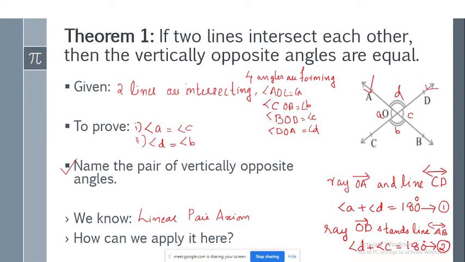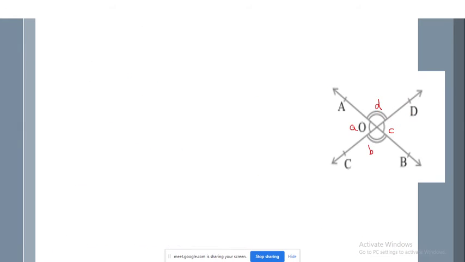So, both are equal to the same quantity here. Equation 1 is angle A plus angle D equal to 180 degree. Equation 2 is angle D plus angle C equal to 180 degree. So, the sum of angles A and D as well as the sum of angles D and C is equal to 180 degree. So, we can write it as, I will go to the next slide.